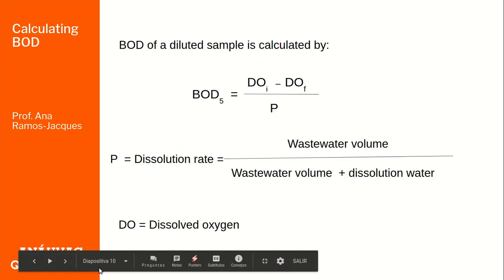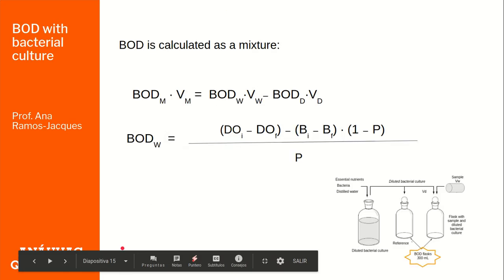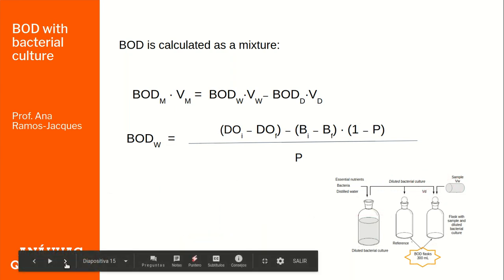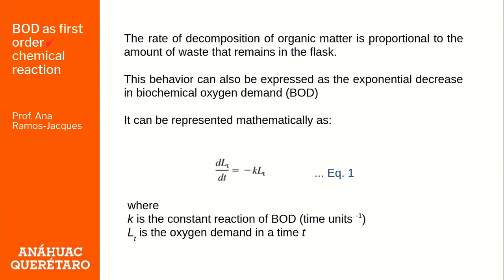This equation is just considering a linear mathematical method to measure this BOD sample, but this sample can also be represented by a math model that is a first order chemical reaction.